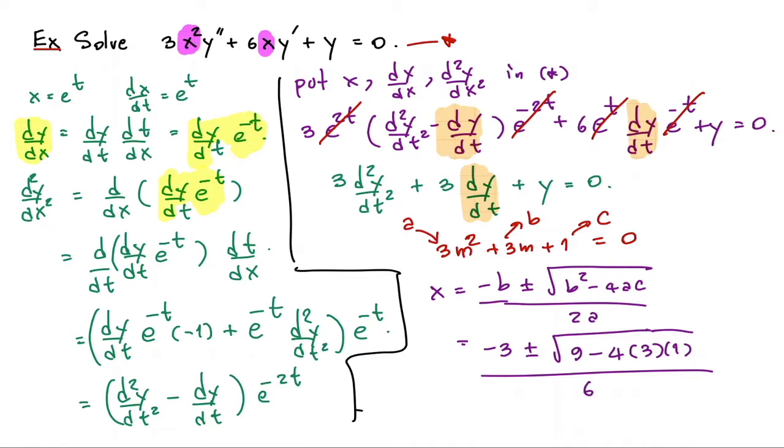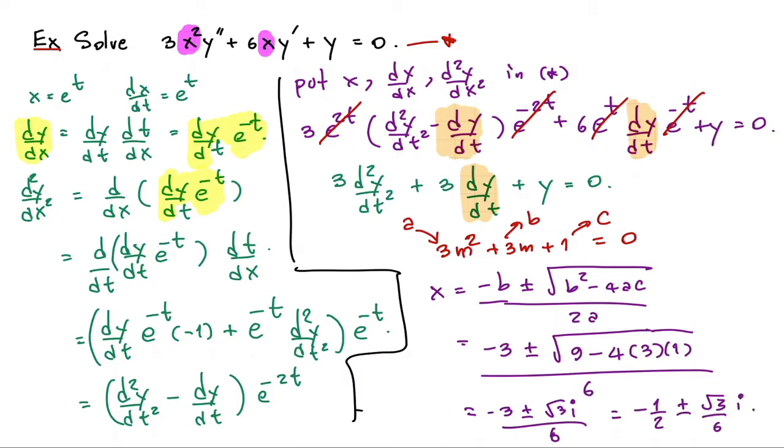So we have minus 3 plus minus square root of minus 3, so that would be plus minus square root 3 i divided by 6. And that will be minus 1/2 plus minus square root 3 divided by 6 i. Make sense?